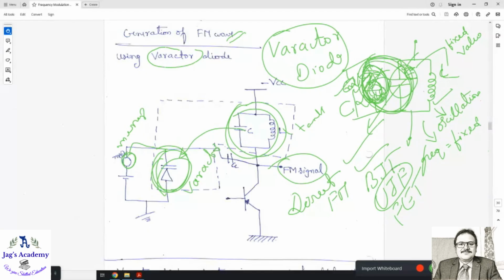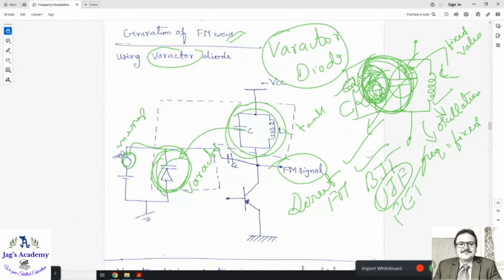If you make capacitance vary according to the instantaneous value of the message signal, oscillations will vary. You can use any sort of method for that. Here we are going to make use of a varactor diode. The varactor diode here behaves like a voltage to capacitance converter.